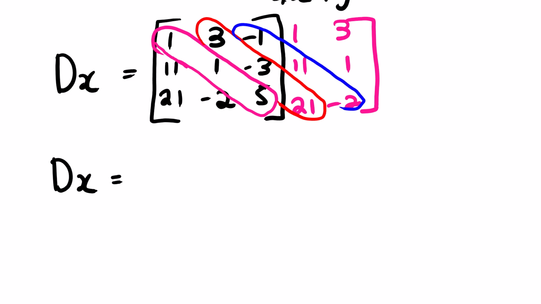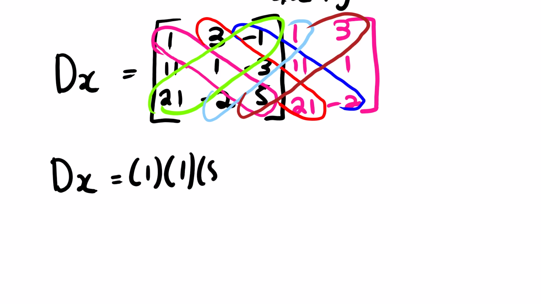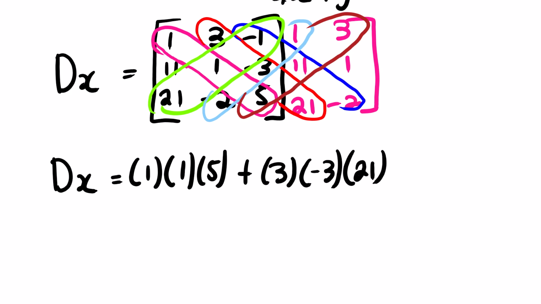And then from there, we do this, and this. So we have 1 multiplied by 1 multiplied by 5, plus 3 multiplied by -3 multiplied by 21, plus -1 multiplied by 11 multiplied by -2, minus our second diagonals.